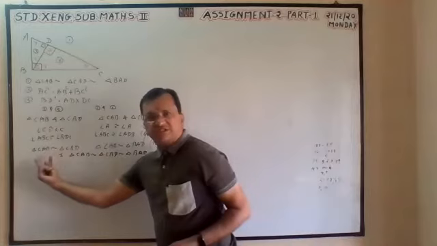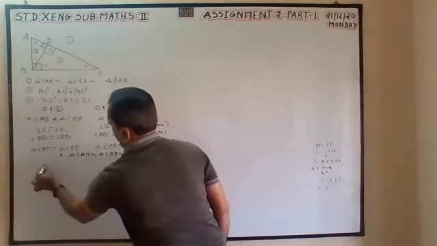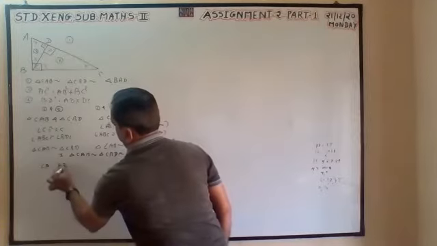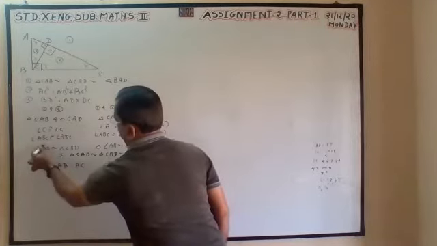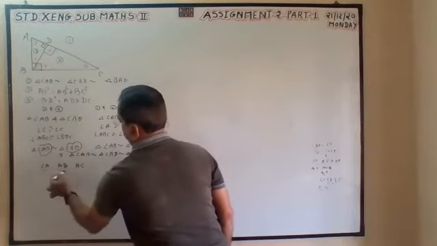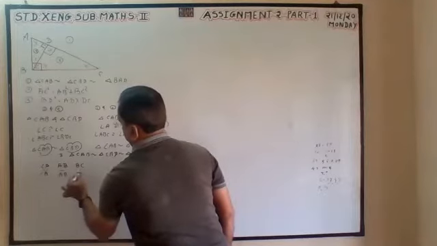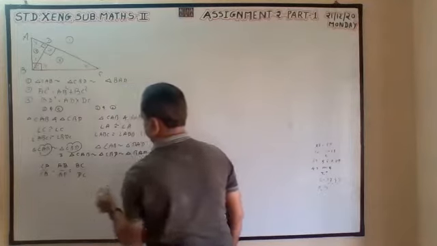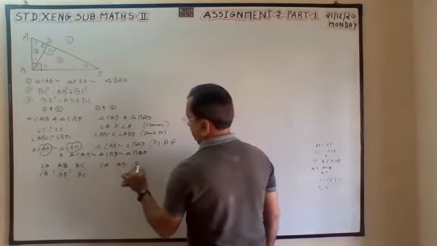Now, if these two are similar, write the proportional ratio. First, second, second, third, third, first. Say CA, AB, BC.